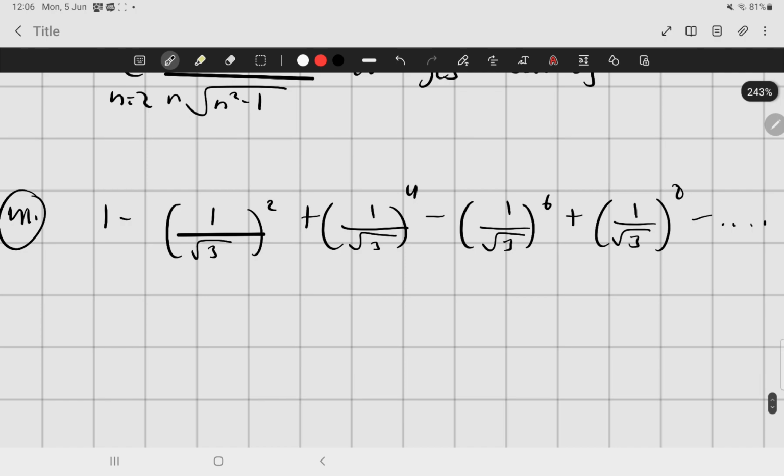Obviously from this, the positive and negative signs alternate.